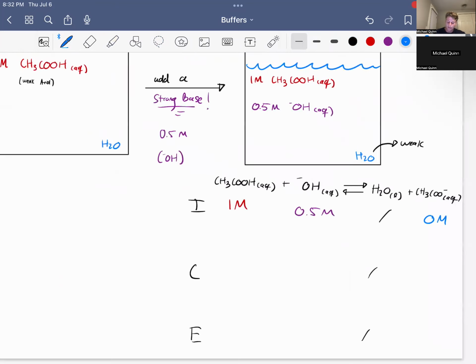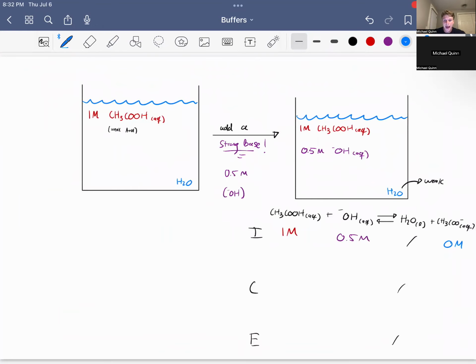So what is going to happen? Well, in a weak acid reacting with water, we have to do minus X and minus X because we do not know how much of the acid is going to react because it is weak and water is weak. So we need to set up a Ka expression.